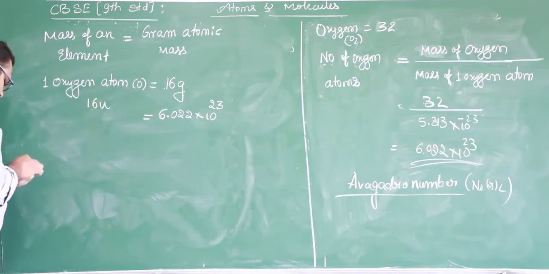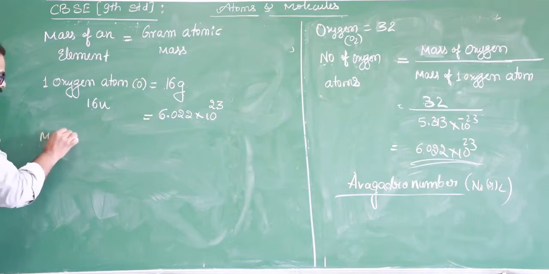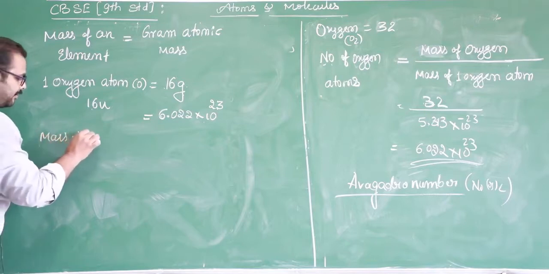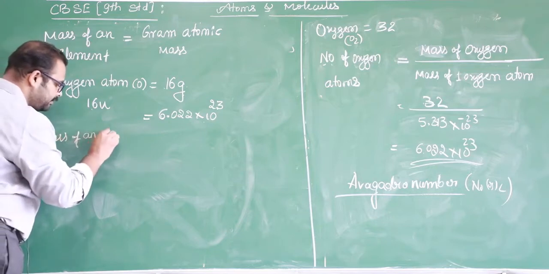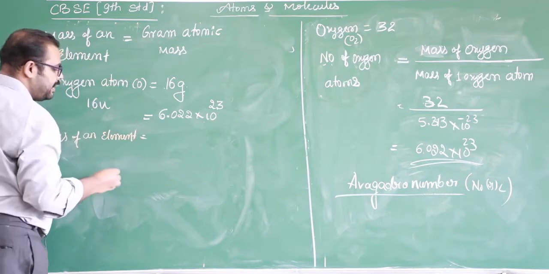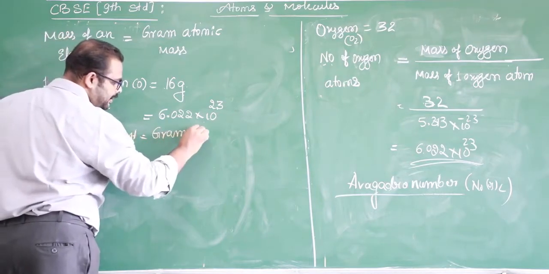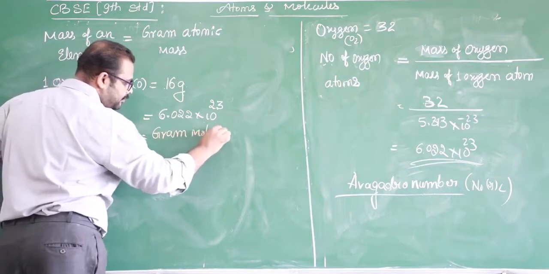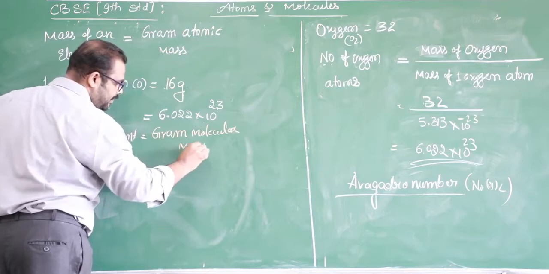Then let's see it for molecular mass, the mass of an element, say gram molecular mass. It should now be expressed in gram molecular mass.